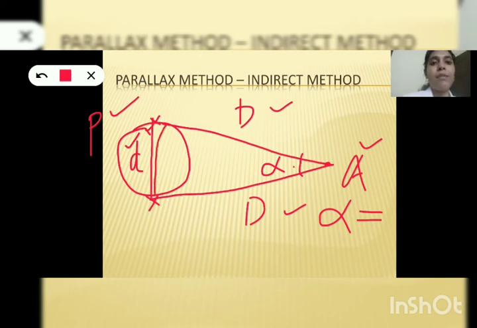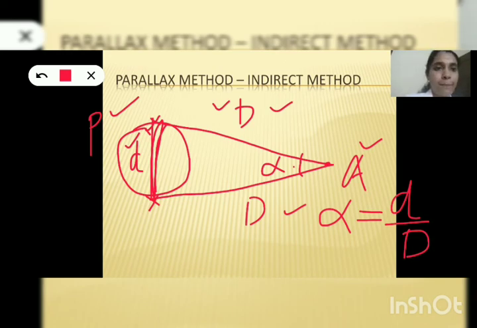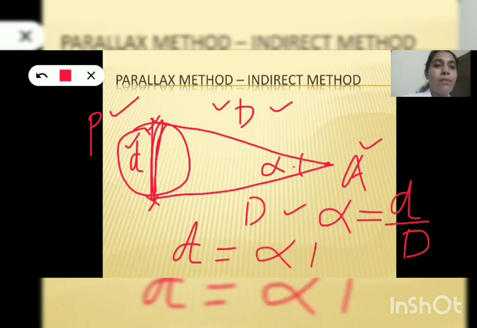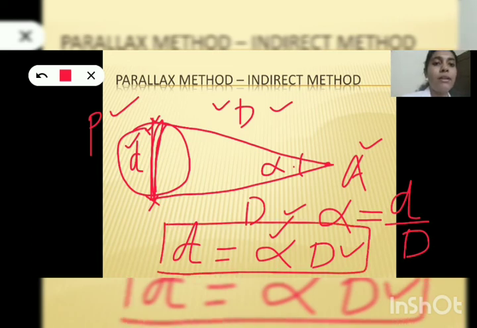Here this diameter forms our arc and this capital D forms our radius. So our arc length is small d and our radius is capital D. So our angle alpha is equal to small d by capital D. And to know the diameter small d, we can just multiply alpha with capital D. So knowing alpha and capital D, we can easily find out small d.